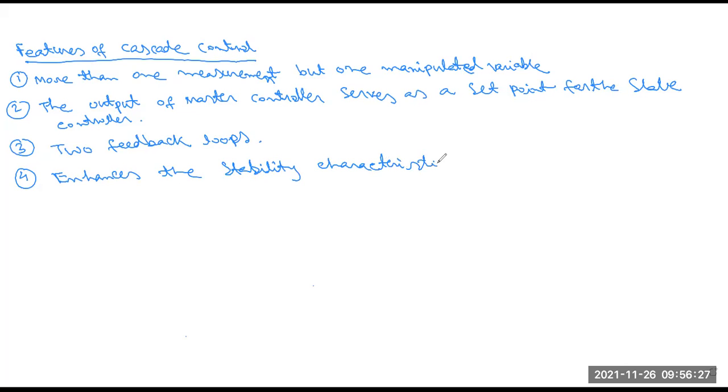So that's why we use this in cascade control systems. The output of the cascade control system results in being very stable, and it is used for any process control which needs to be stable very quickly. So that's why it enhances the stability characteristics also. Okay, this is very important.